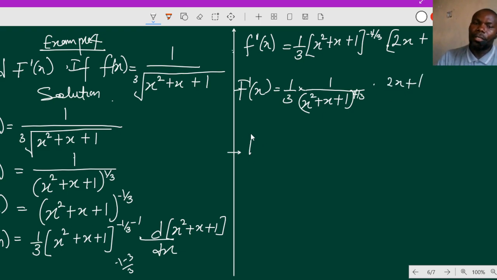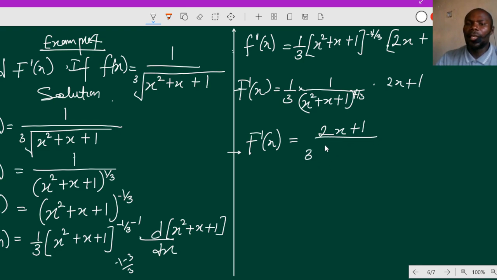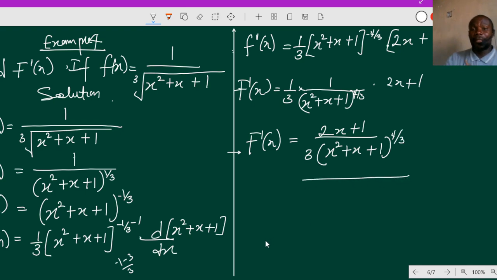So your final answer here will now be 2x plus 1 over 3 onto x squared plus x plus 1 onto 4 over 3. So this is the final answer for this.